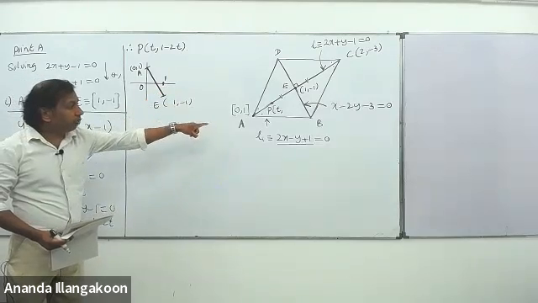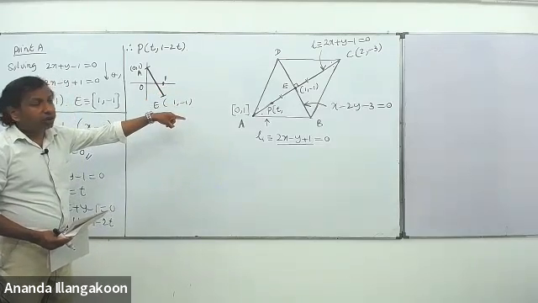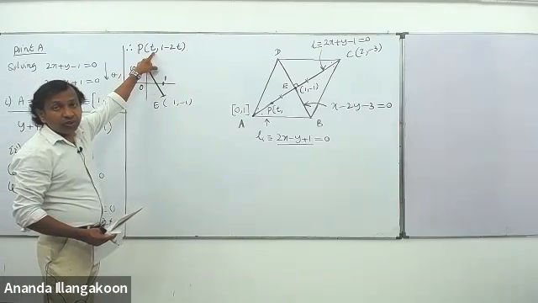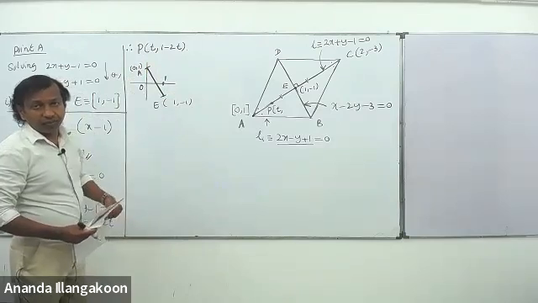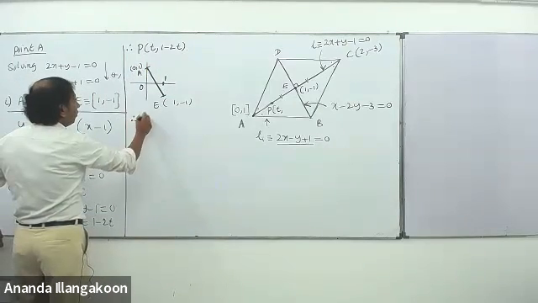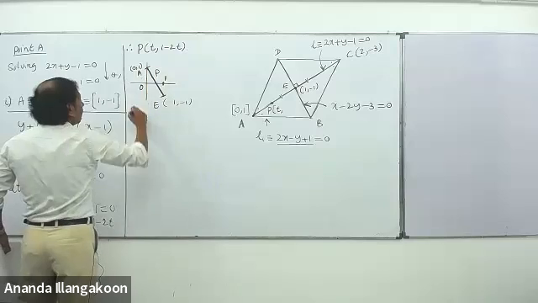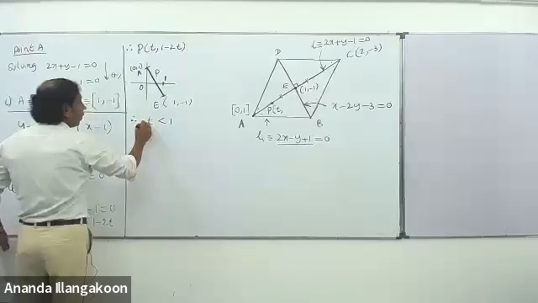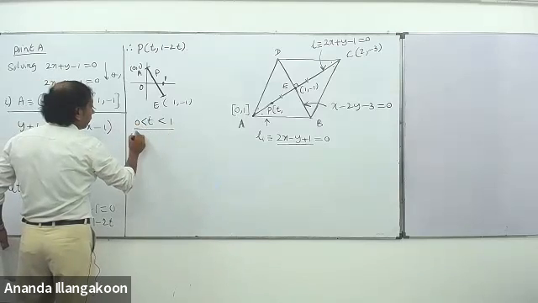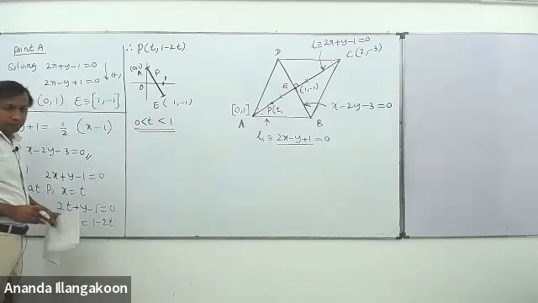P is also a point between A and E. The x coordinate of P is t. Therefore, t should be between 0 and 1. Understood? t should be less than 1 and greater than 0.